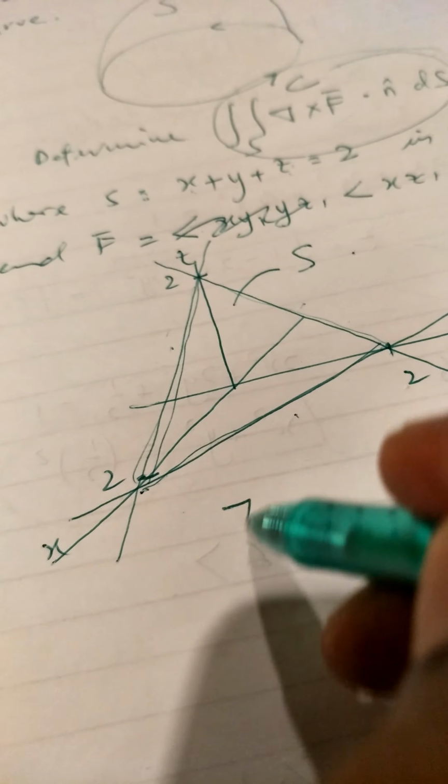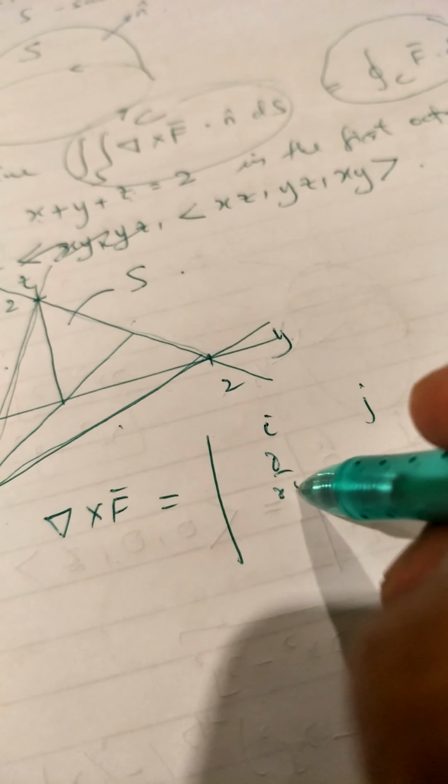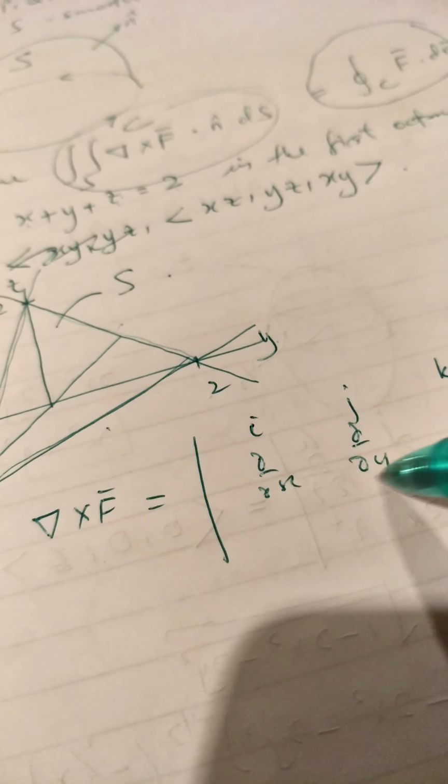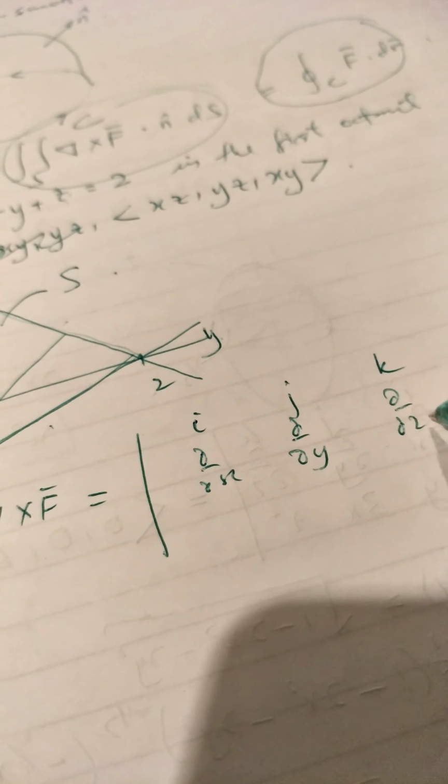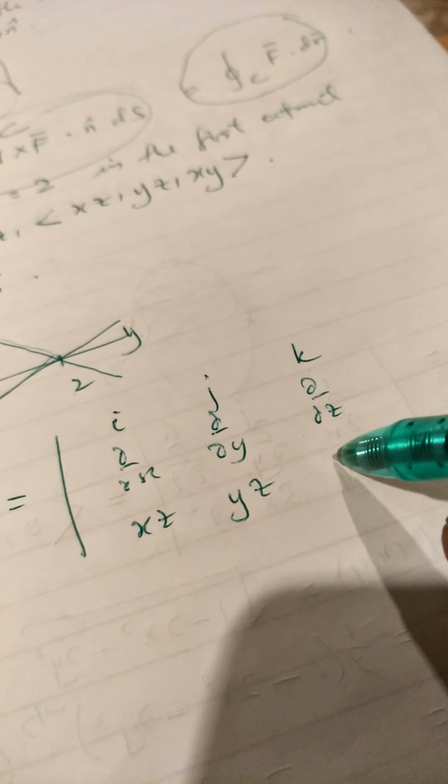So for del cross F, you can write this as a determinant with i, j, k. Del is del x, del y, del z, and F is given as xz, yz, xy.